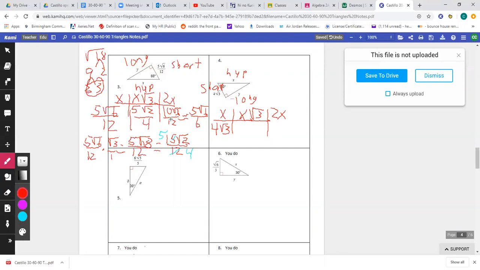My hypotenuse would just be 8 root 3, right? You just double that. And remember, to get the long leg, you just multiply by root 3. So 4 root 3 times root 3. Remember how I've said many times, root 3 times root 3 is just 3. So that would be 12. Simple.